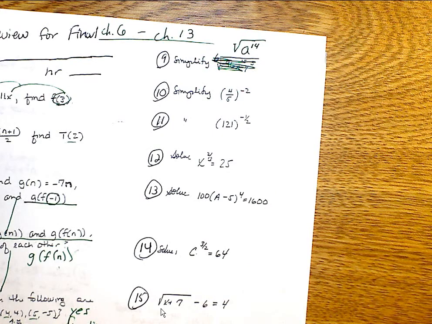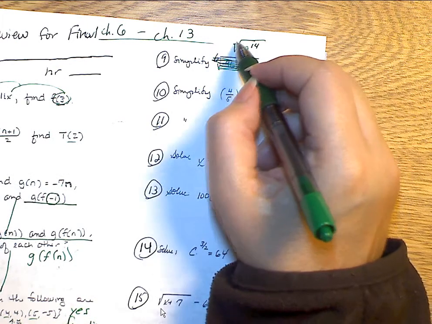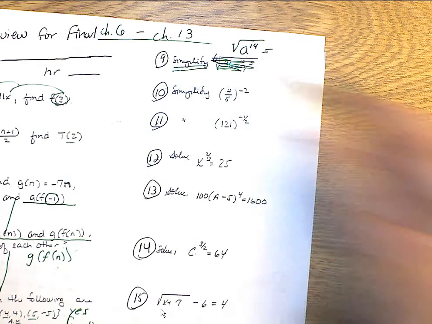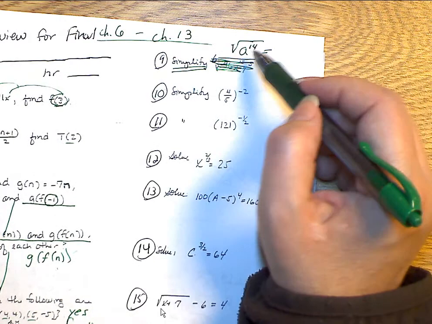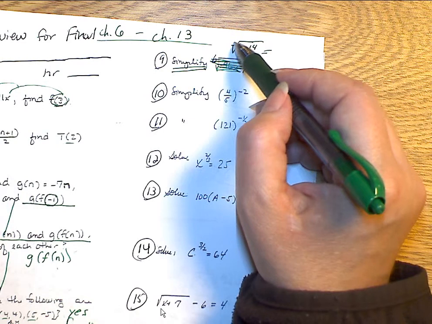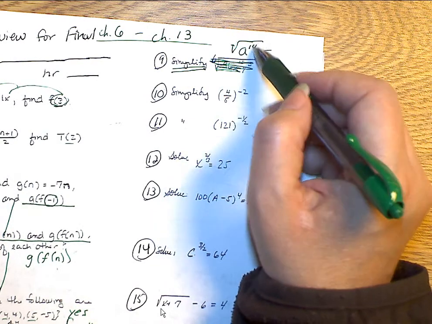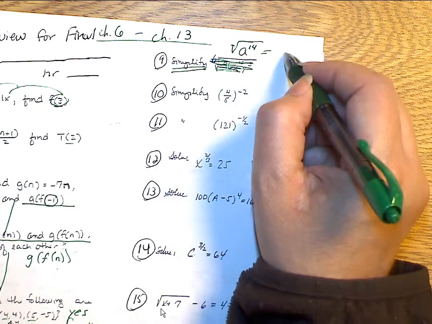So, when you are simplifying, you are finding just the value of it. First of all, the square root, what's the number here that's there? A 2. So, there's a 2 there. We have 14 of them. So, how many are coming out? 7. So, it's a to the 7th.